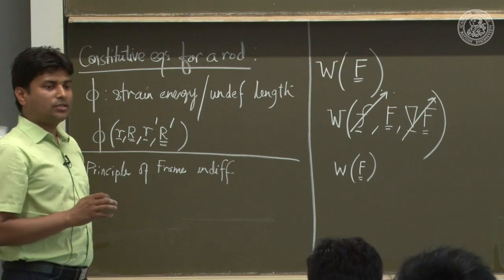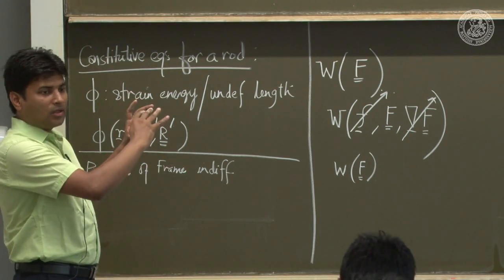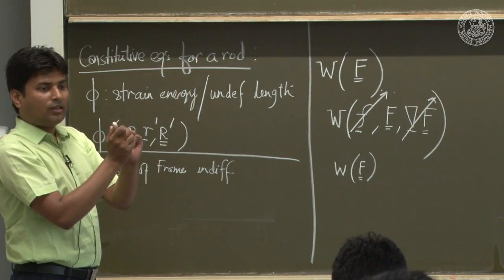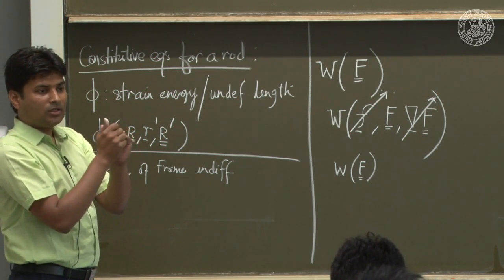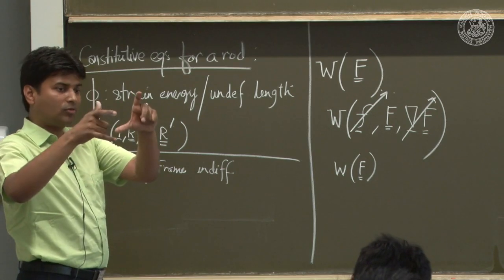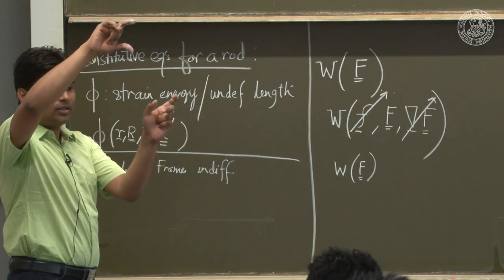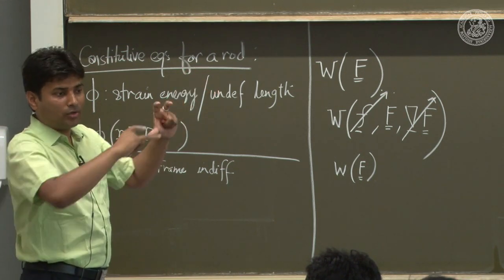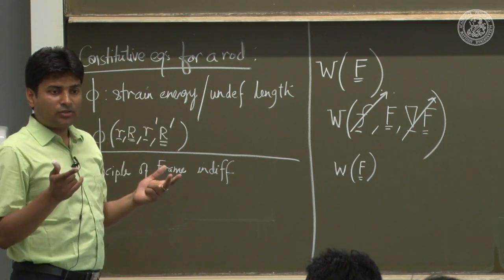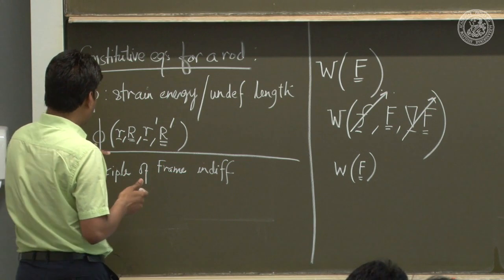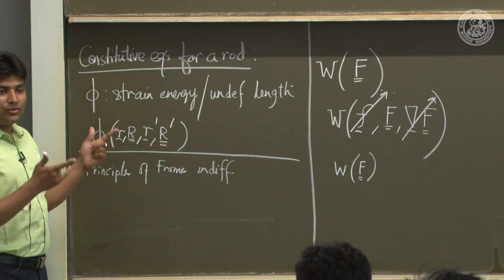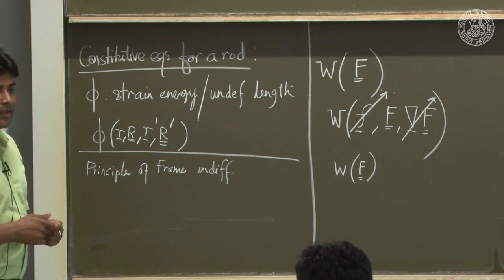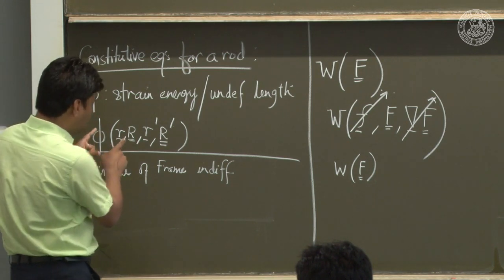You see, just as in 3D elasticity, you have a body and you deform it, it gets some energy, and then if you further rotate the deformed body rigidly, the energy does not change, right. You have any body, if you rigidly rotate it or rigidly translate, its energy does not change. So, the energy function must be such that it satisfies those physical experiments, isn't it. So, we want to do a similar thing here.